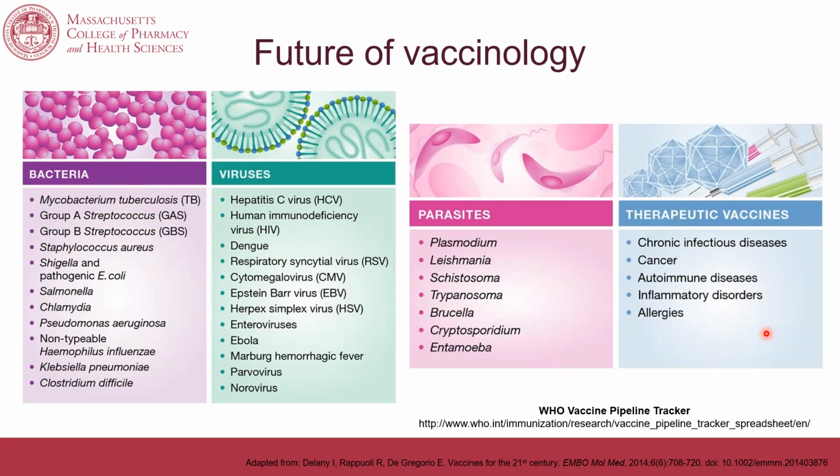Not only are vaccines being developed for these specific pathogens here, but scientists are also working on different delivery forms for new vaccines. For example, there are multiple methods of self-assembling protein nanoparticles and even immune stimulating complexes that are being developed. And we're not going to go over that stuff, but that's super complicated.